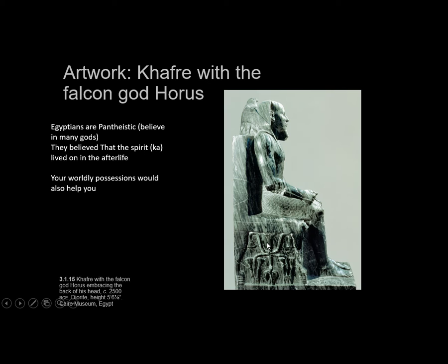Unfortunately, your book does not show a front view. I'm not sure why. Maybe they don't have the rights to it. But this is a good view because then you can see the falcon, the god Horus, that protects him. And you see him sitting on his throne with his fist clenched. The hieroglyphics, which is Egyptian writing, on it.